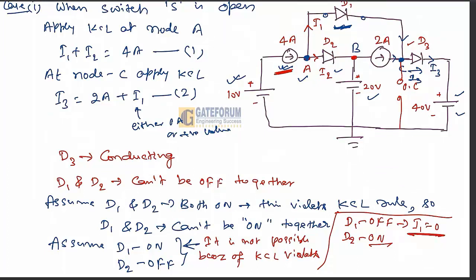So this D2 must be on, because this 4 ampere has to pass. If this path is not allowing, it must pass through D2 to obey equation number 1.